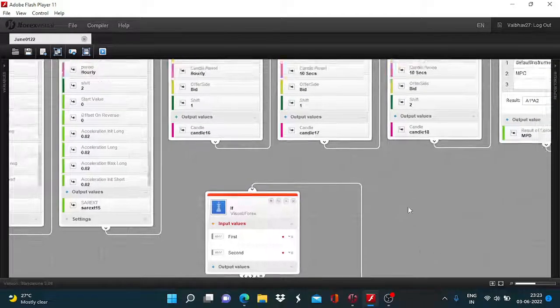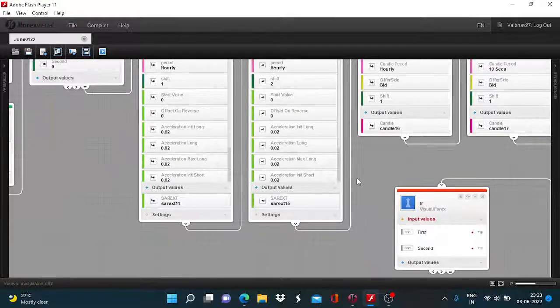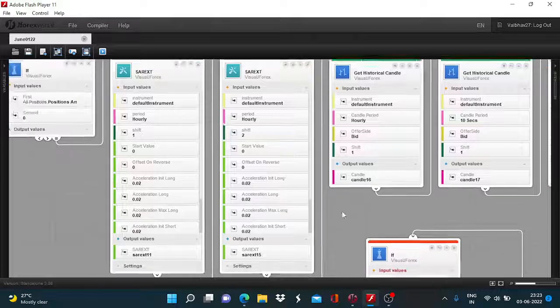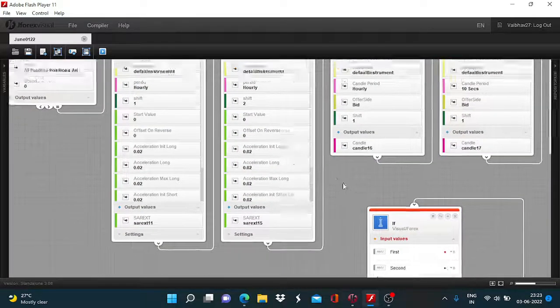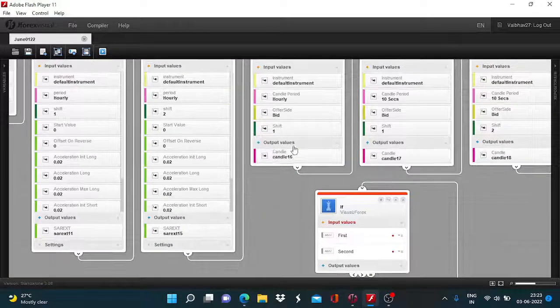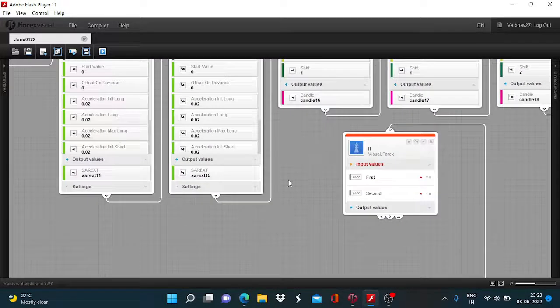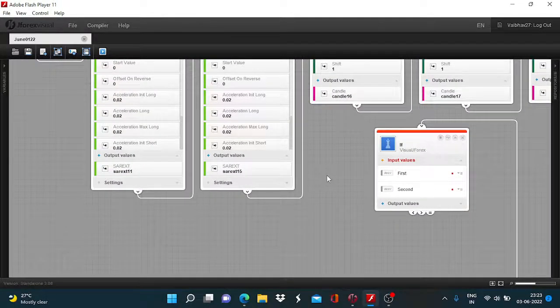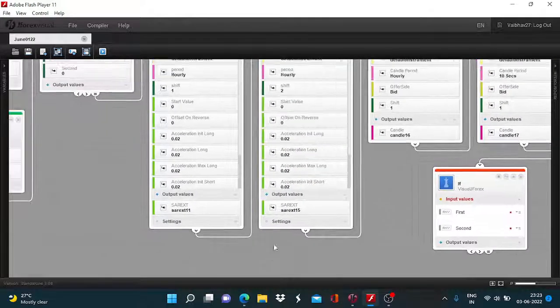Now coming to comparison of the closing price with the SAR extended output value. We need the candle 16 candle close to be above the SAR extended 15.